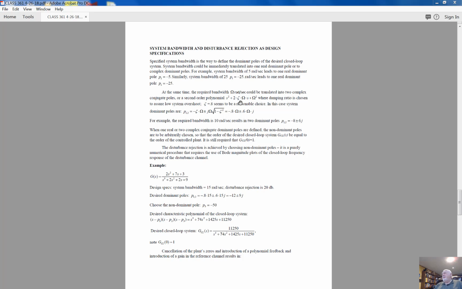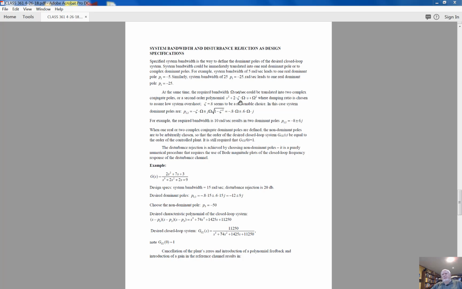0.8 is fine. Because in this case, the system will have the required bandwidth and no overshoot, because overshoot is not requested when bandwidth is specified. And with damping ratio of 0.8, the overshoot cannot be seen at all.